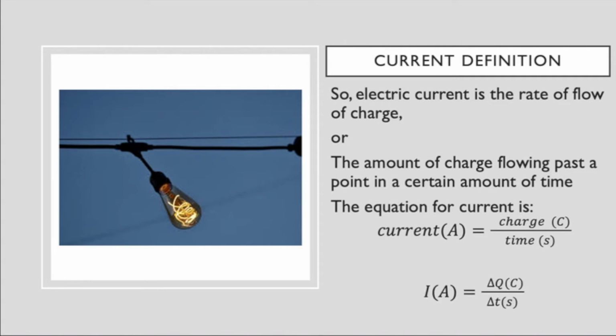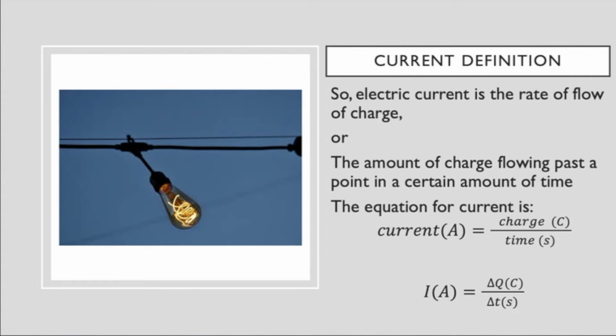The symbol for current is I because it's from the French intensité of current, and we have the Q for charge because it's the quantity of charge, and then t is time. And you might see that little triangle before the Q and the t. That's a delta symbol, and that just means the change in. So we have current is the change in charge divided by the change in time.